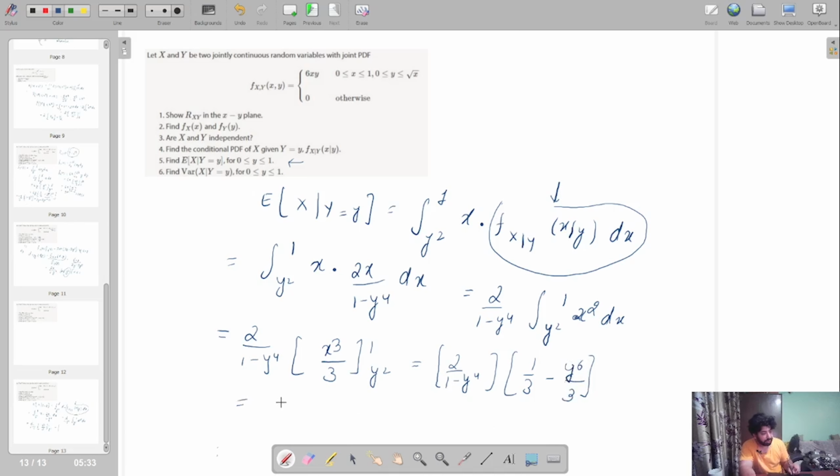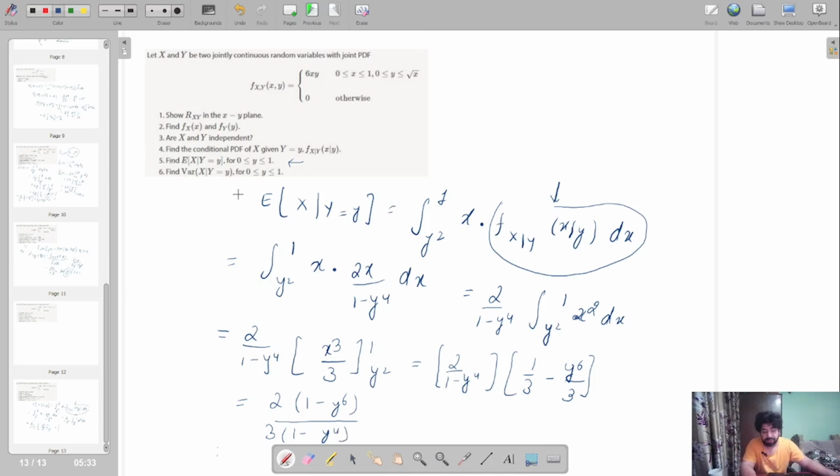Alright, so this will be 2(1 minus y^6) over 3(1 minus y^4). So this will be the answer for the conditional expectation.